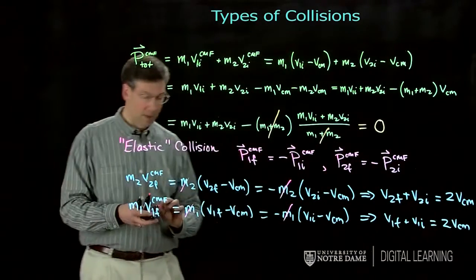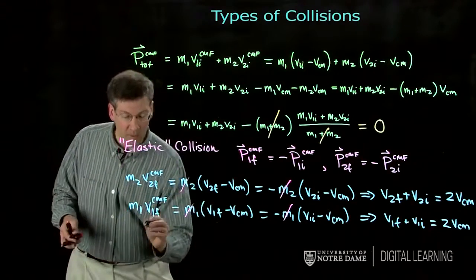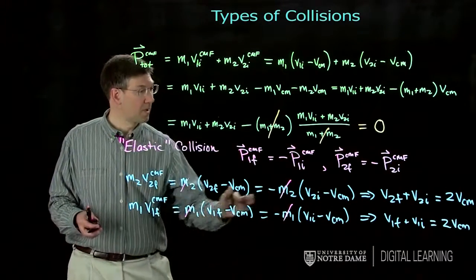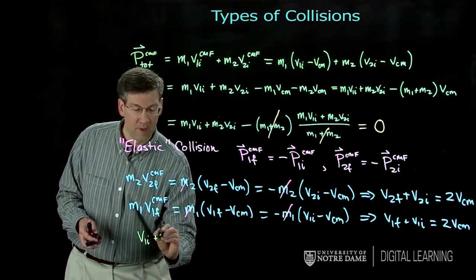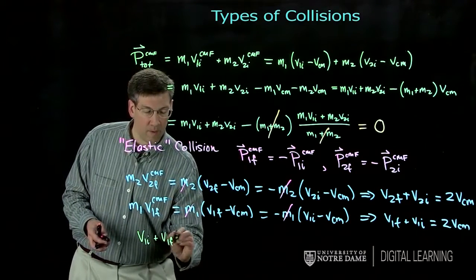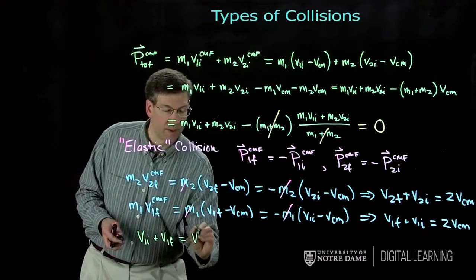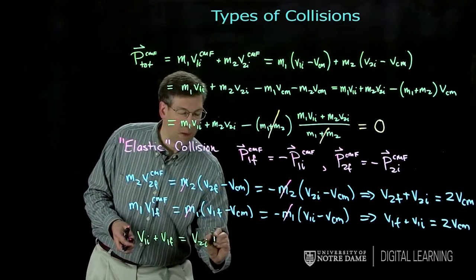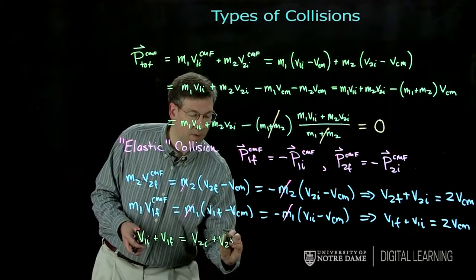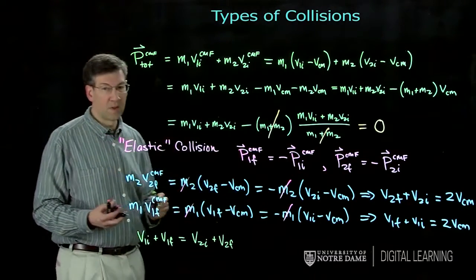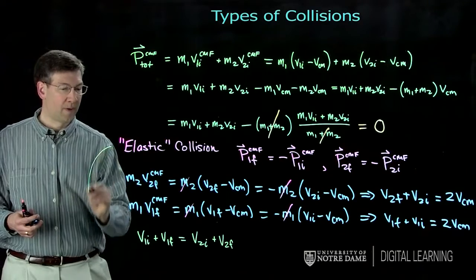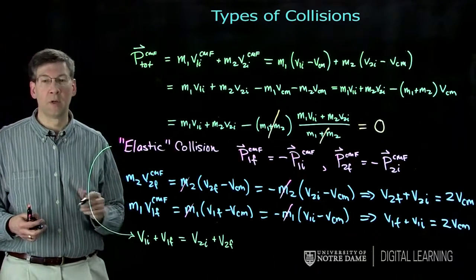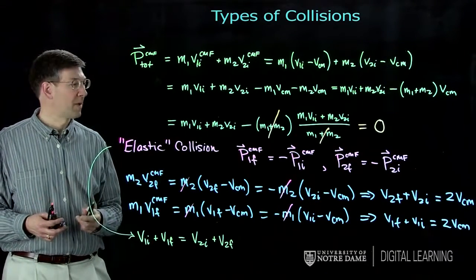So this gives us a very useful and interesting result, which is that velocity 1 initial plus velocity 1 final is equal to velocity 2 initial plus velocity 2 final. And this is purely a consequence of the fact that I have this elastic condition where these things bounce off in the center of mass frame.